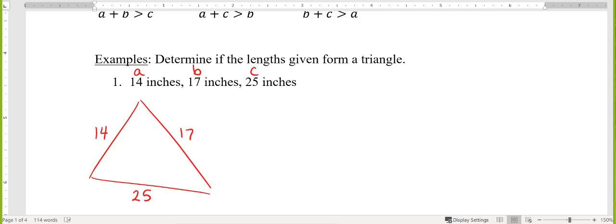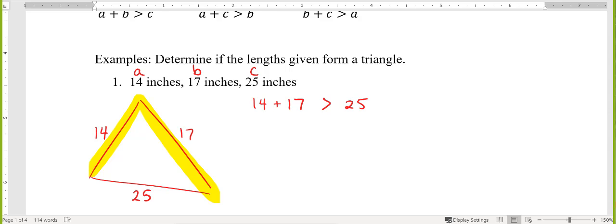I need to check to see if these three measurements will indeed give me a triangle. So let's add 14 plus 17. I'm going to ask, is that bigger than the side that's not highlighted, 25?